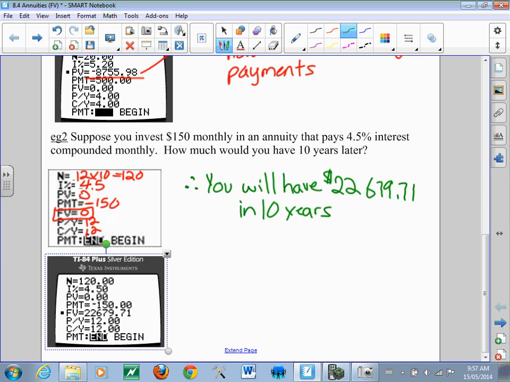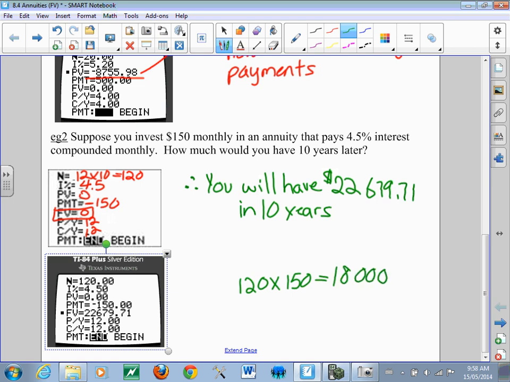Okay? So if I take 120, let me grab a calculator that works. So that one just doesn't work. Okay, so if I take 120 and times it by 150, so if I just did it with no interest, say I just saved it and put it in my piggy bank or something, 120 payments times $150 equals $18,000.